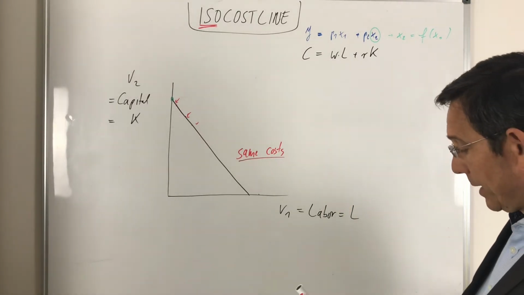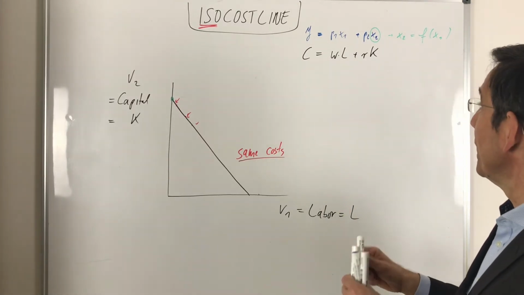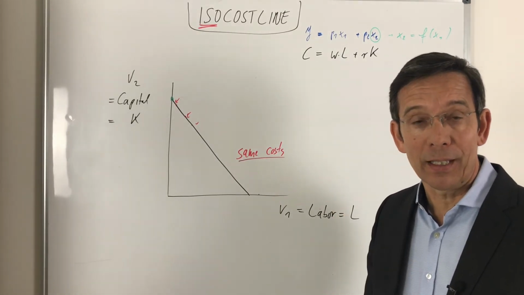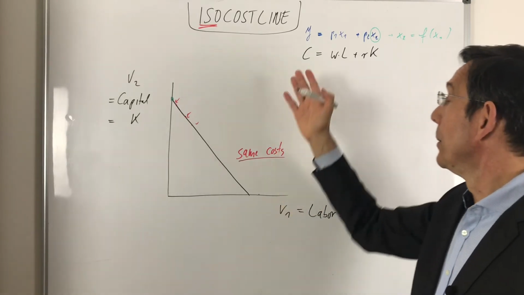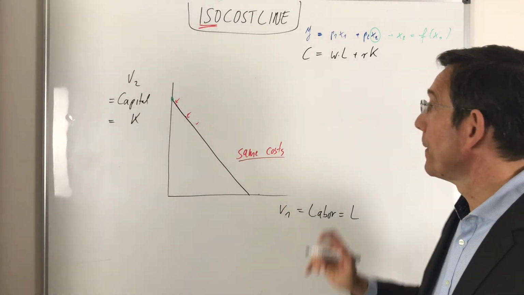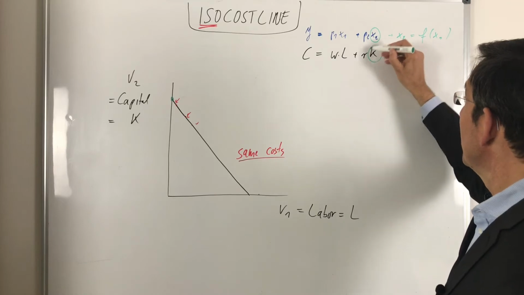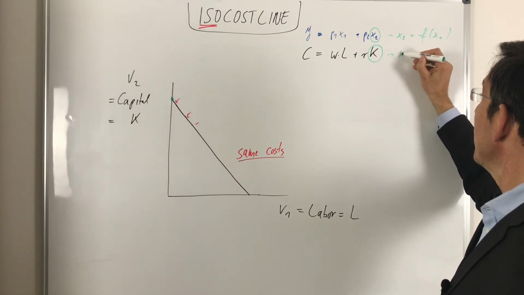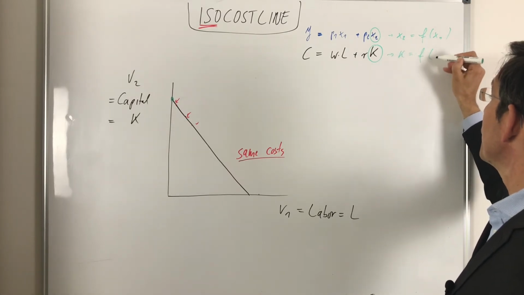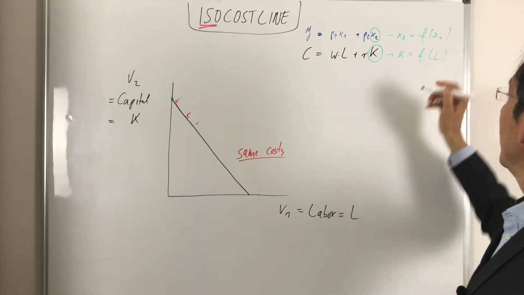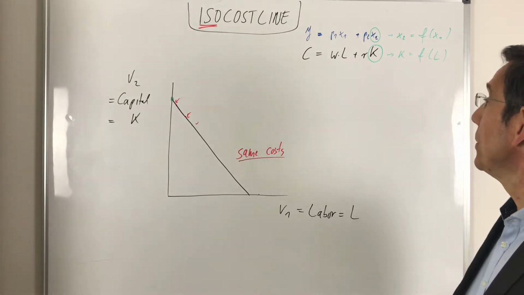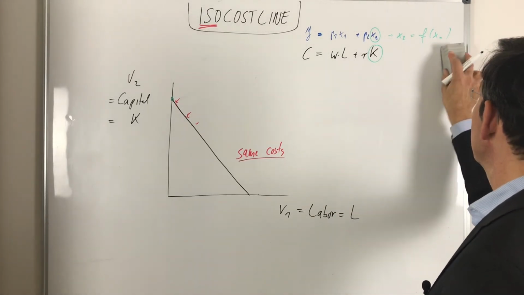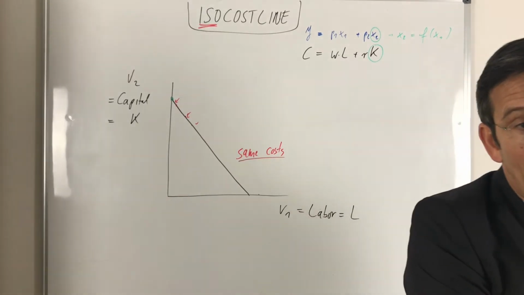So what we do here is we want to rearrange the budget constraint for the company, so the cost constraint for the company, in such a way that we have an equation K which is a function of L. That's what we want to do, and this is a simple rearrangement, but I do it now step by step.